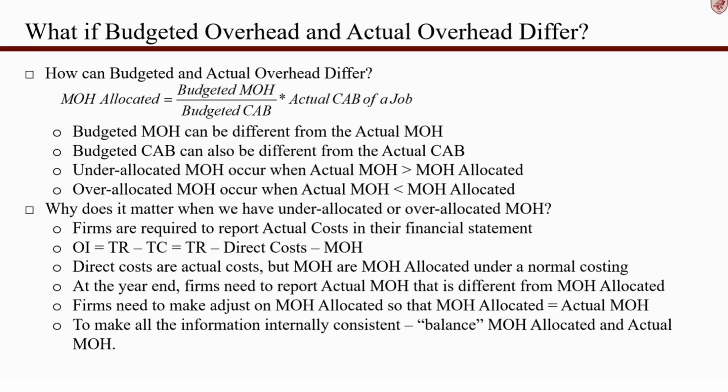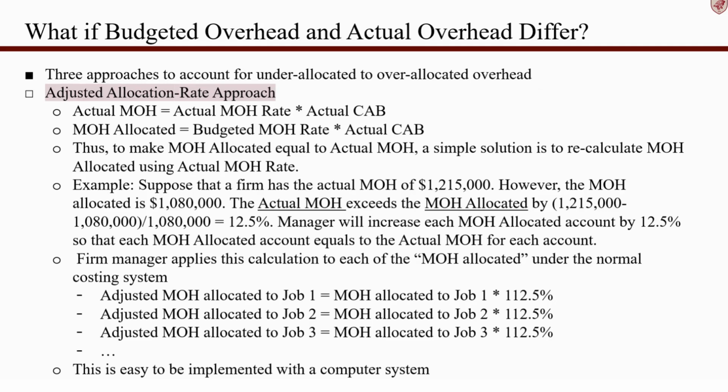And I've also talked about three different ways to account for the underallocation or the overallocation of overheads. The first was the adjusted allocation rate approach. This is nothing more than replacing the budgeted MOH rate with the actual MOH rate, right? And one of the innovations with this approach is that you can apply this calculation to each specific job, right?